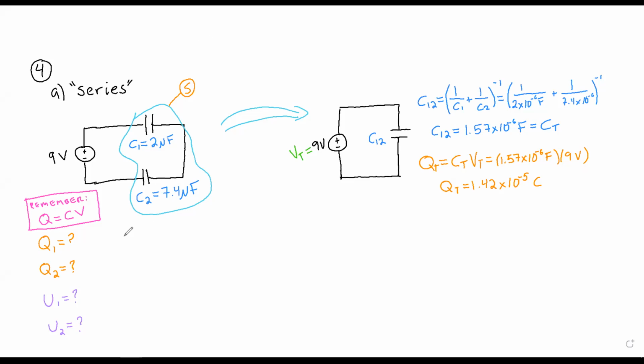I'm going to write them down here. So help me out here. The three versions of the formula: U is equal to 1/2 CV squared.